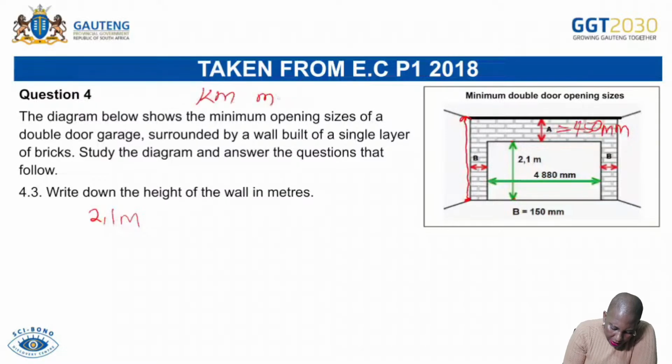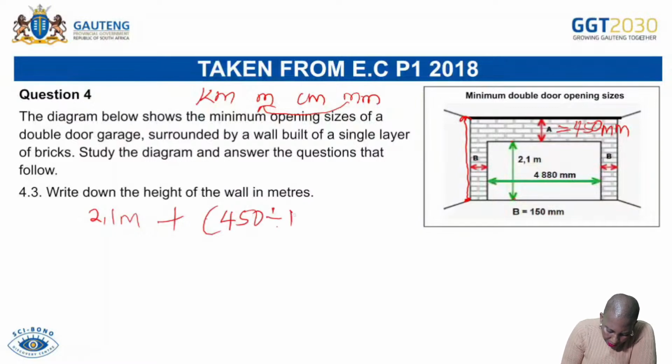kilometers, meters, centimeters, and millimeters. And then I must convert the millimeters into what? Into meters. And then we said we'll divide by what? By 1,000. So meaning I have to say plus, because it says write down the height in meters. So the height will be 450, and then we divide it by what?